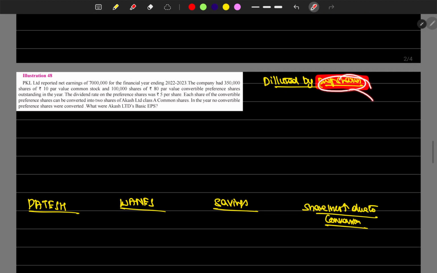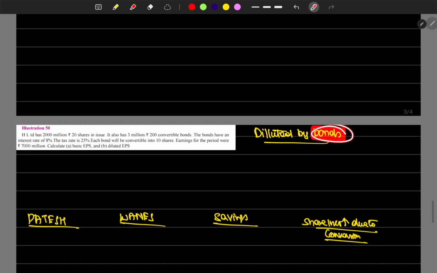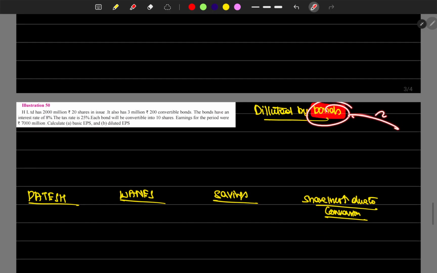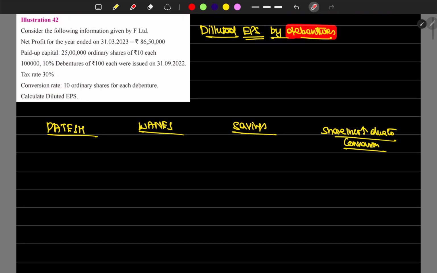Preference shares can be converted into equity shares, right? Then there might be an increase in shares. Bonds also can be converted into equity shares, right? So this also dilutes the EPS. So these are the four scenarios we have to understand for diluted EPS. So let's quickly get into the problem.